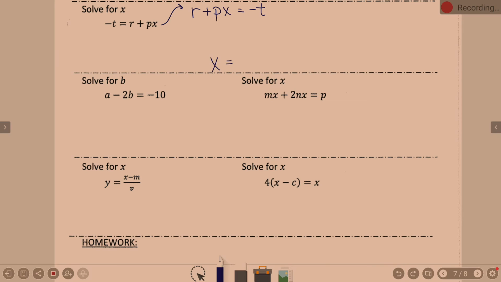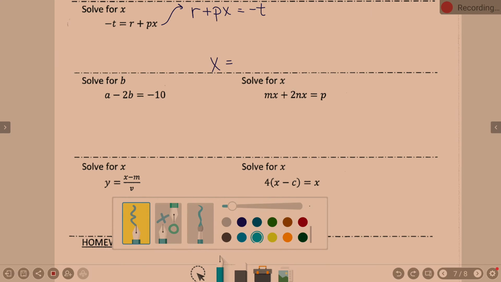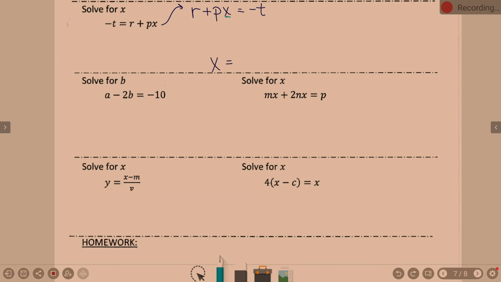Okay, if I flip this and make it r plus px, what am I solving for? X. So I've got to get x by itself, which means I've got to get px by itself. How do I get px by itself? To get px by itself, what do I have to move away?